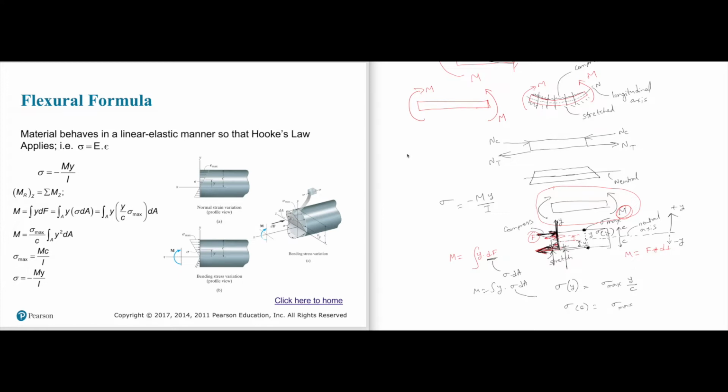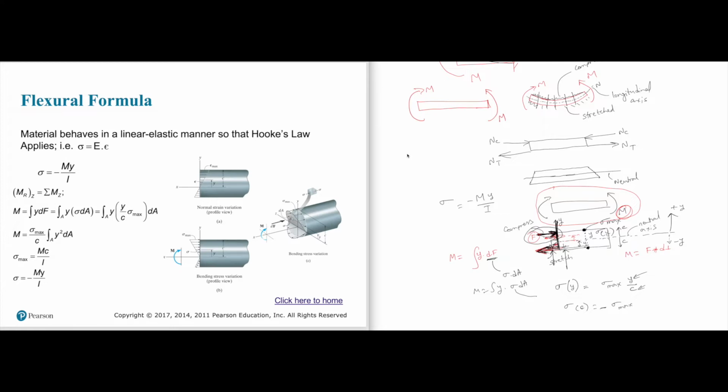Because when you substitute y equal to c, the c in the numerator and denominator both cancel out and you get sigma max. But are you supposed to get sigma max or negative sigma max when you apply positive c? Because when you apply positive c, isn't it in compression here? Isn't it being compressed here? That means shouldn't you get negative?